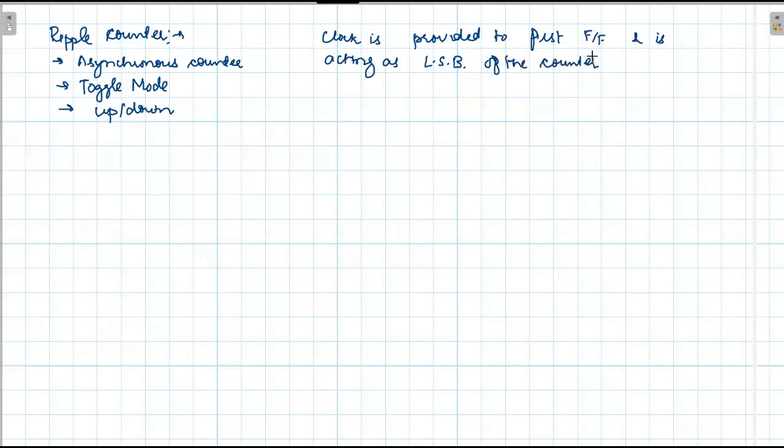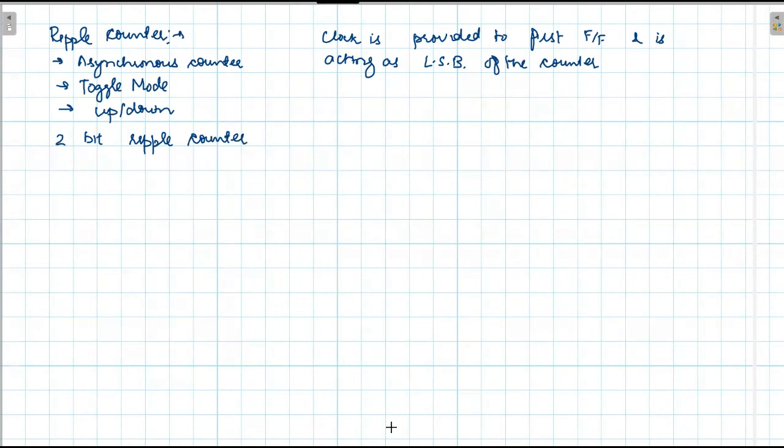So, let us discuss some examples so that you can get a very good idea how things are being done in a proper fashion. The first example which we are going to discuss is a 2-bit ripple counter.